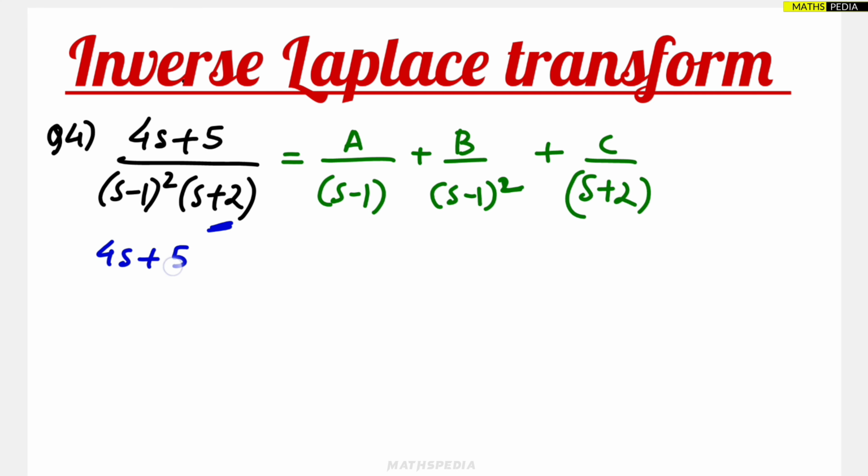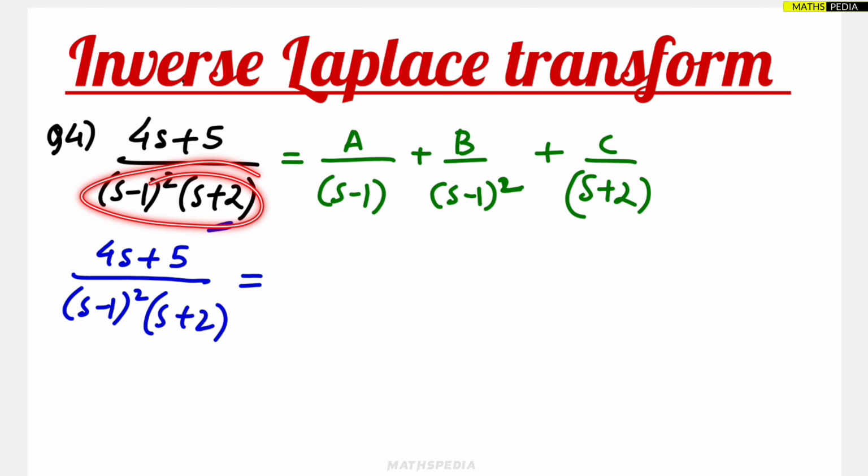(4s plus 5) divided by (s minus 1) squared into (s plus 2) is equal to, now below, what is the LCM we are getting on the denominator? Always remember, the LHS denominator will be the same as the RHS denominator.